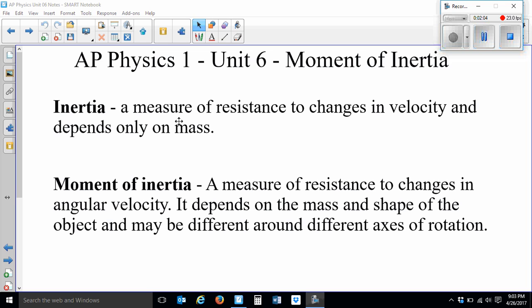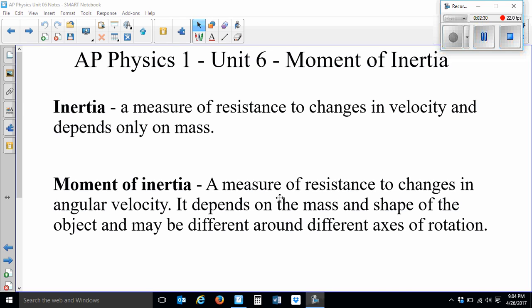But with changes to rotational motion, we have what's called the moment of inertia, and that is the resistance of something to change its angular velocity, how fast it's spinning, or the ability to change how fast something is spinning. It does depend on the mass, but differing from regular inertia, it depends on what shape that object is.